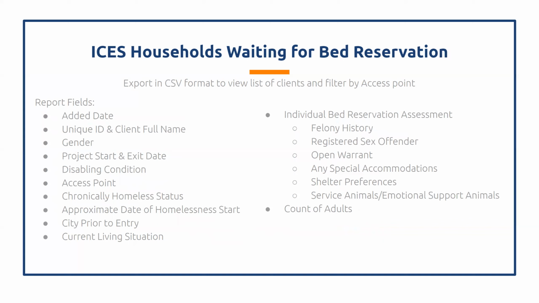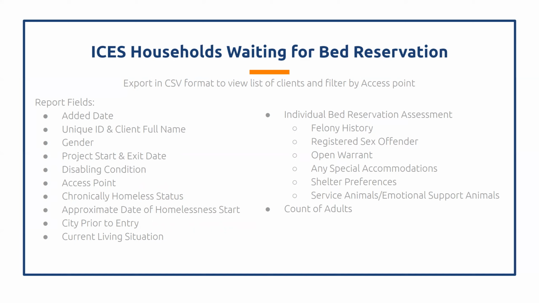And then for the ICES, households waiting for bed reservation, it's a very similar report to the family report. So it's going to have a lot of the same fields, fields regarding the client's profile information, their project information, as well as fields from the individual bed reservation assessment. And these have very similar questions to the family bed reservation assessment.